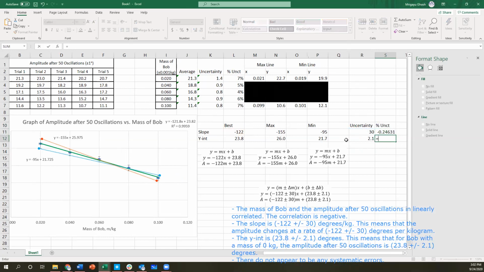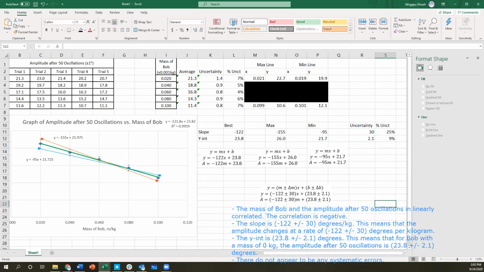Same thing here: this value divided by our best. This should be positive, so I'm just going to take the absolute value of this, and then make this a percentage. The issue is here.